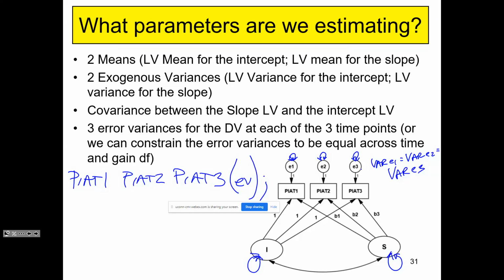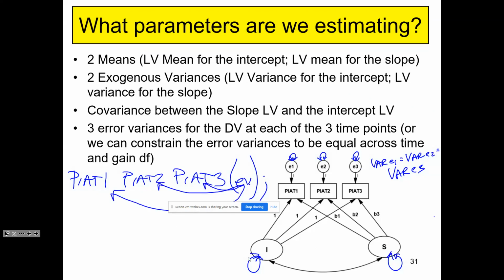Because I'm basically saying I'm estimating one parameter for each of these, the same parameter. Does that make sense? So I can do that, and that's what I would do if I wanted to reproduce the standard multi-level model. I need to do that to reproduce the standard multi-level model.